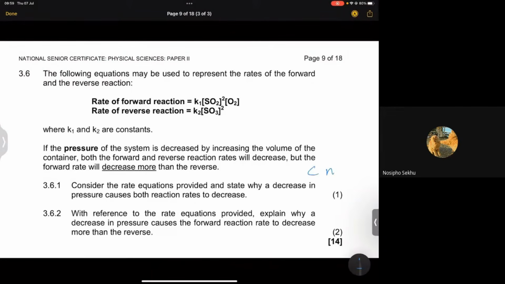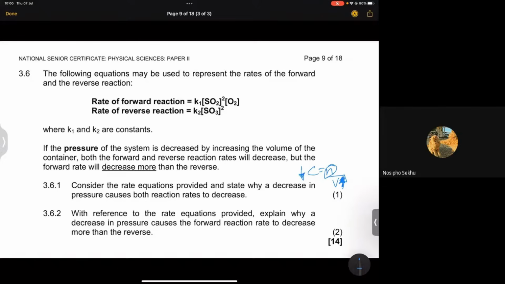Concentration is number of moles over volume. Once you increase the volume, what happens to the concentration? The concentration decreases. Even if the number of moles stays the same, by definition, an increase in the volume will decrease the concentration.